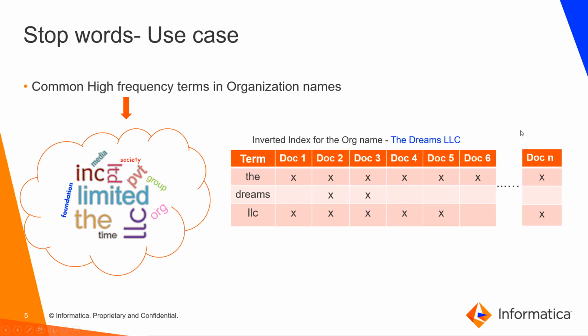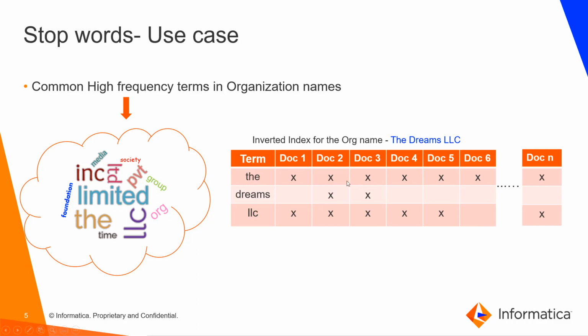It is a term in document matrix. The terms the and LLC are quite common and appear in the majority of the documents. However, Dreams can be found in fewer documents. Now, if we run a search for the term the Dreams LLC against the organization index, Elasticsearch would in turn fire three queries, one for each term: the, Dreams, and LLC.